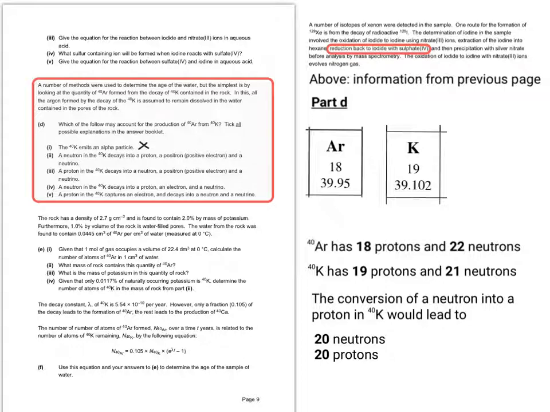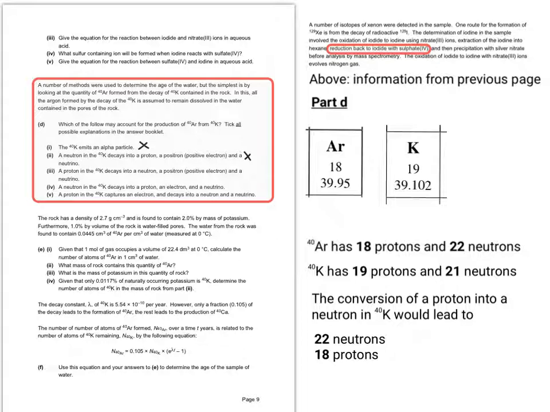So going on to the third statement, it says a proton in the potassium-40 decays into a neutron, a positron and a neutrino. So we can ignore the positrons and the neutrinos because they don't contribute to the mass as much as neutrons and protons do.